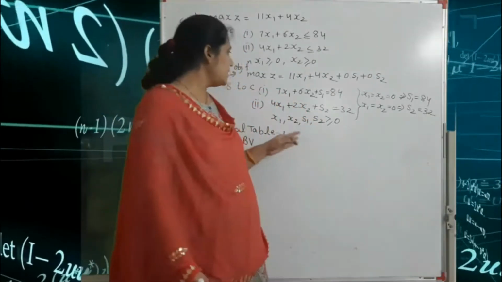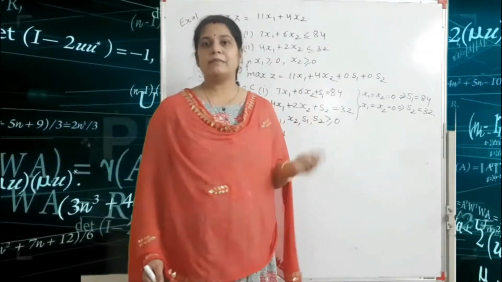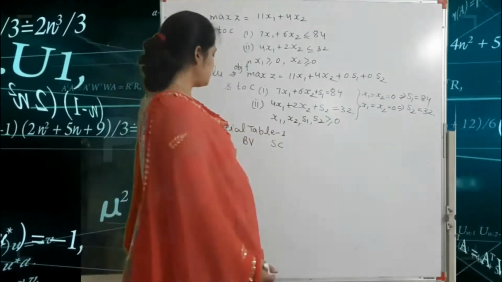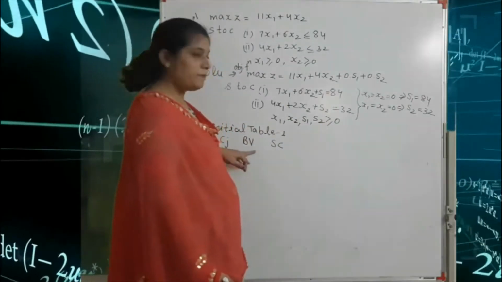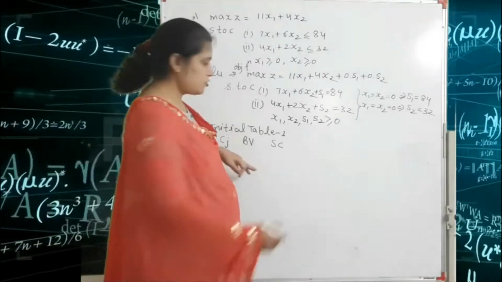Got it? First you check that all the inequalities are less than or equal to type, then we use the simplex method. We make the initial table with Cj, Bv that means basic variable, and Sc that means solution constant.